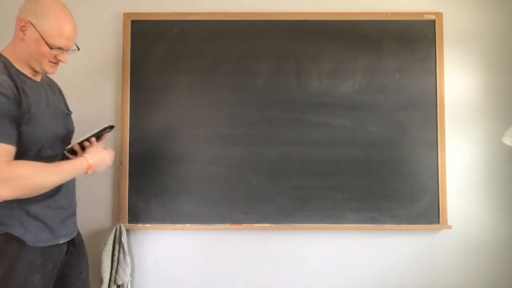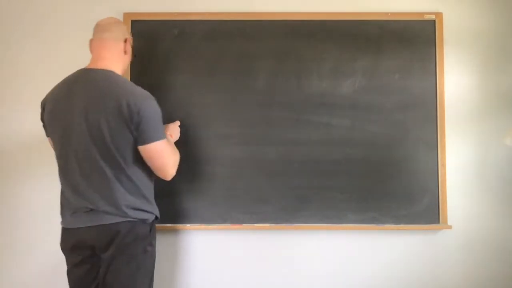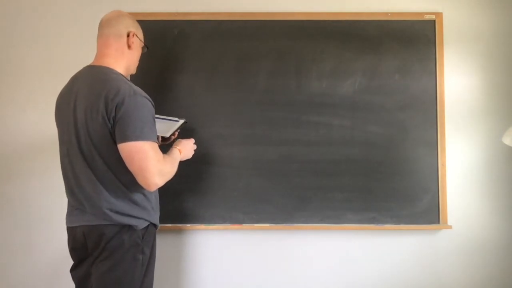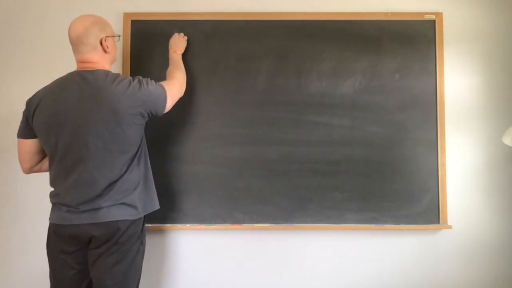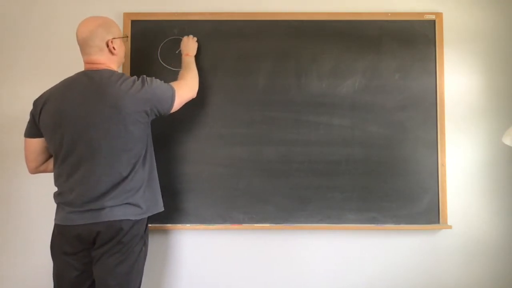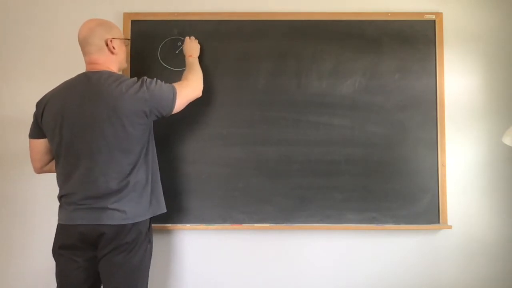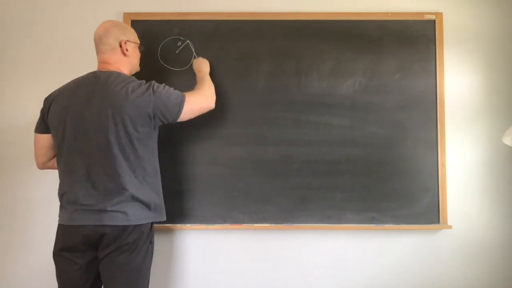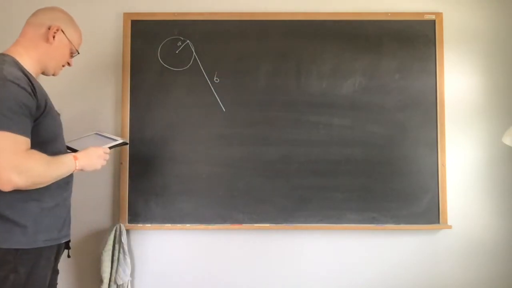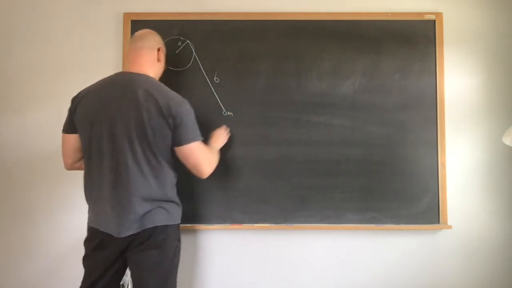All right, anyways. So, the next example says that we are going to have a massless rim of radius A. So here's my rim of radius A. And then attached to a point here on the rim is a simple pendulum, which has a length of B, and then has a mass M at the end of it.